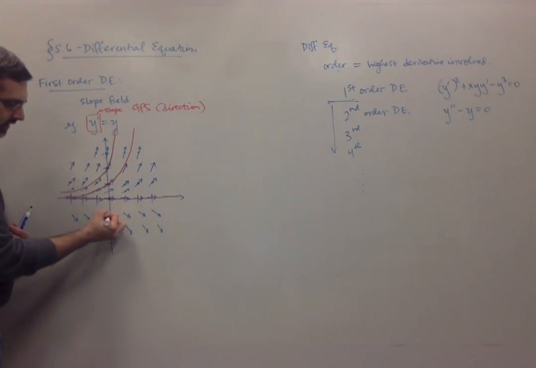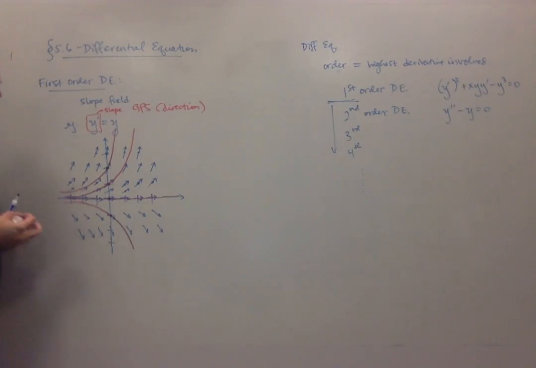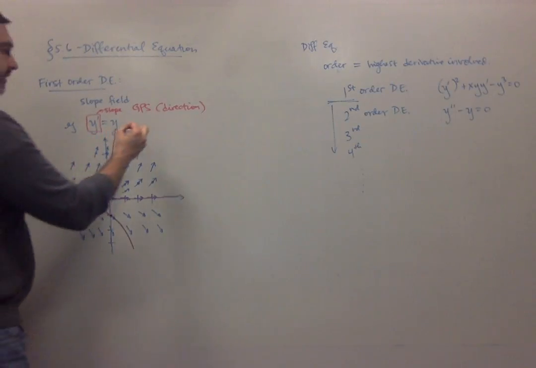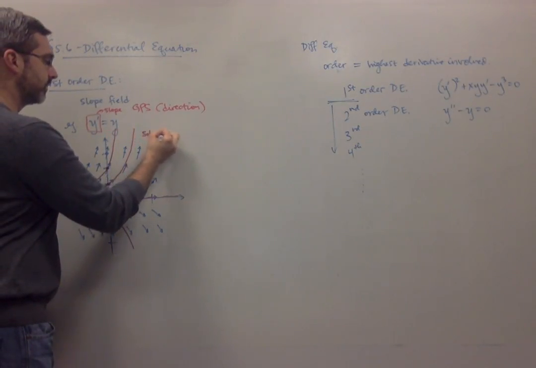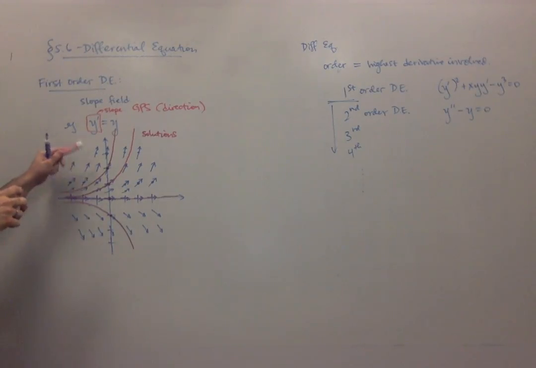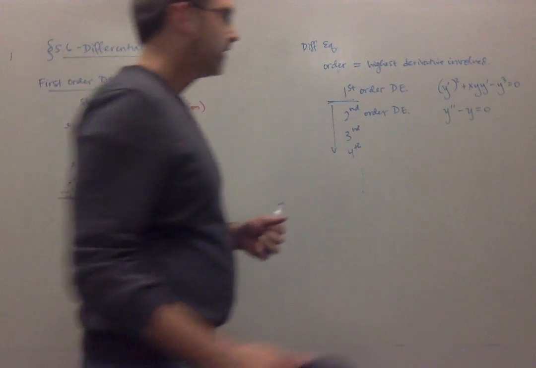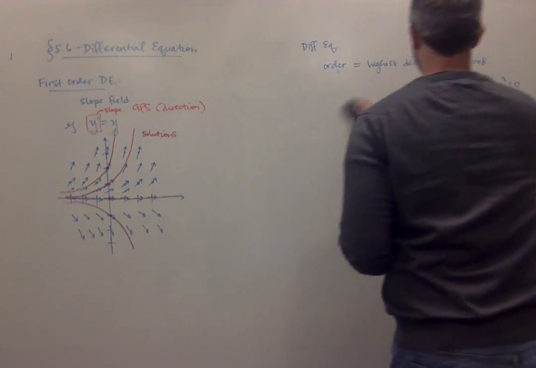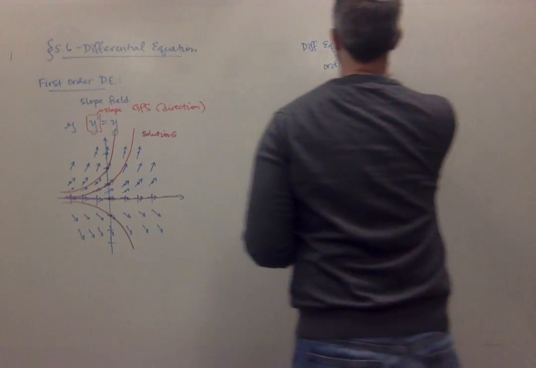If I were to start down here, I would start going steep negative, and I would keep getting steeper, so this would end up looking a little bit like this. So here you can see some sample solutions drawn here. These are solutions to that differential equation that I can get by first drawing what's called a slope field, kind of like a GPS, that then tells me how I should move.